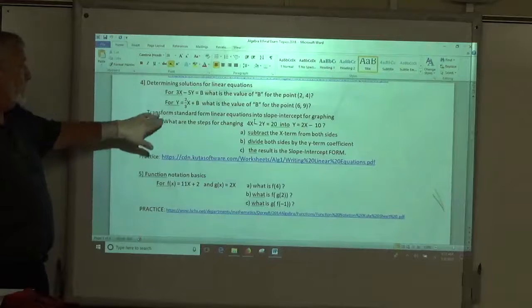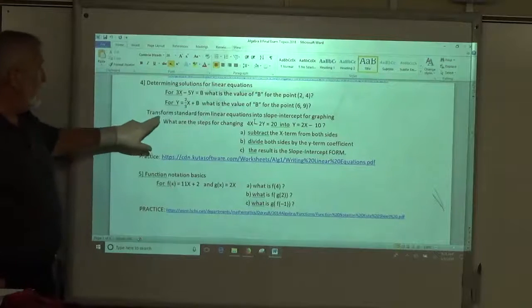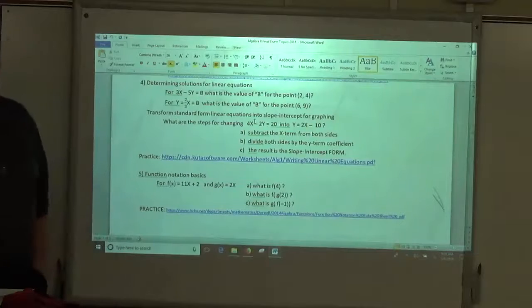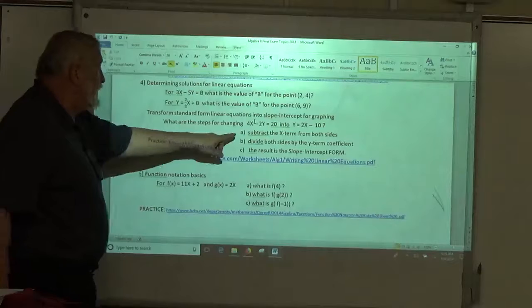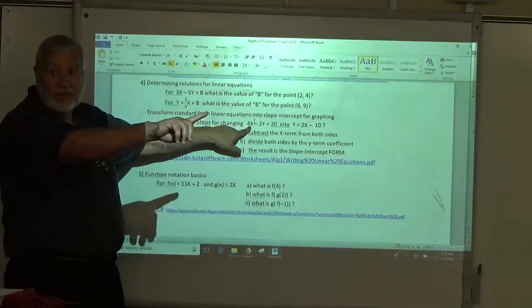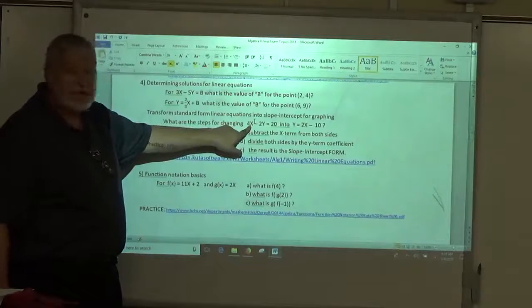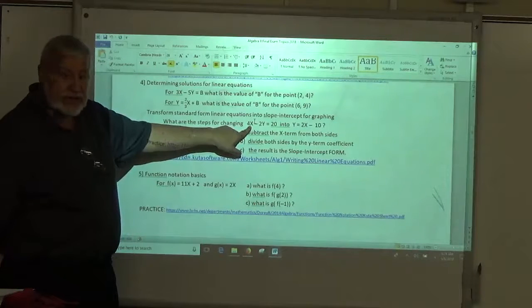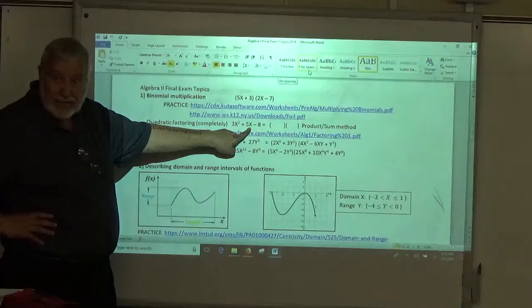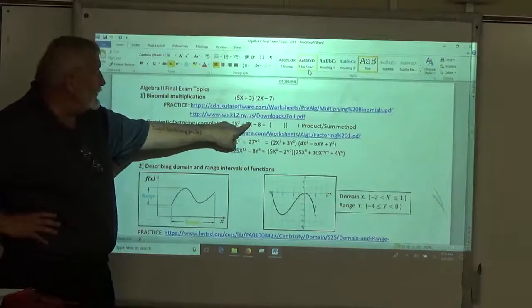Okay? Now, also in that regard to linear, you're going to have to transform a linear into slope-intercept. Shouldn't have to talk too much about that because this term goes to the other side of the equation as what? What are you going to have to add?